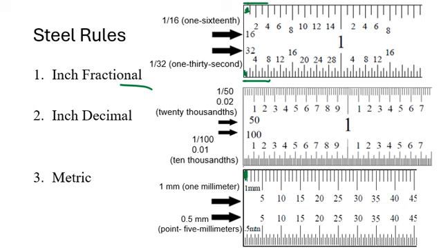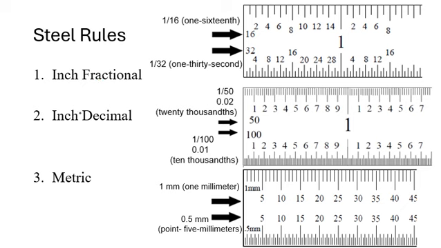From here to here, this tiny little thing right there is 0.5 millimeter. Half of that, 1. So 2 of 0.5 is going to make 1 of this. From here to here, 5. From here to here, we have 10 units. So that's your inch fractional, inch decimal, and then your metric.